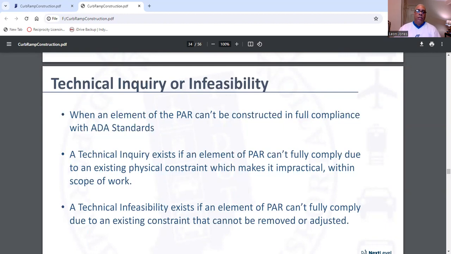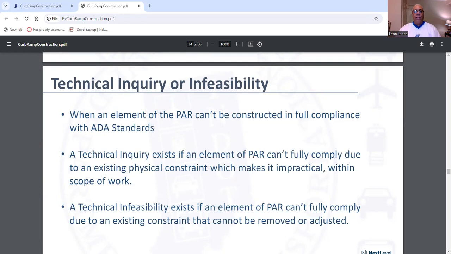So, when an element of the PAR can't be constructed in full compliance with ADA standards, a technical inquiry exists if an element of PAR can't fully comply due to an existing physical constraint, which makes it impractical within the scope of work.